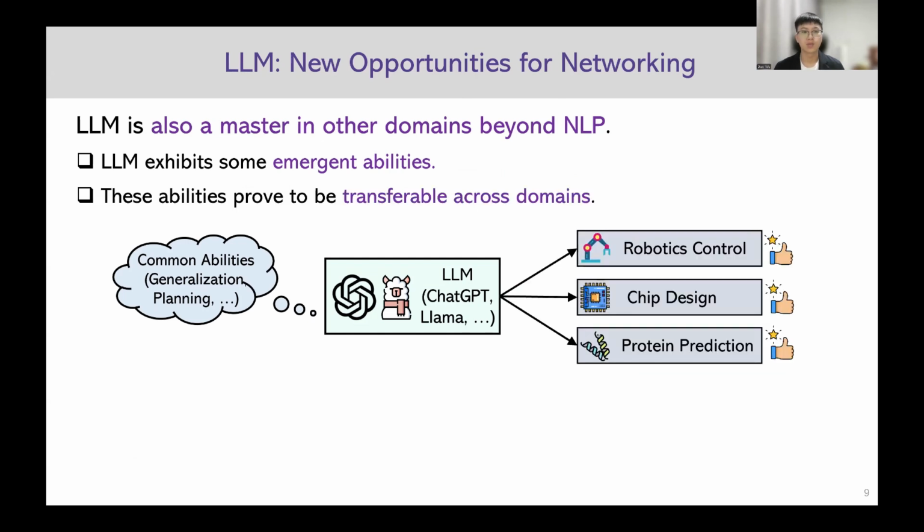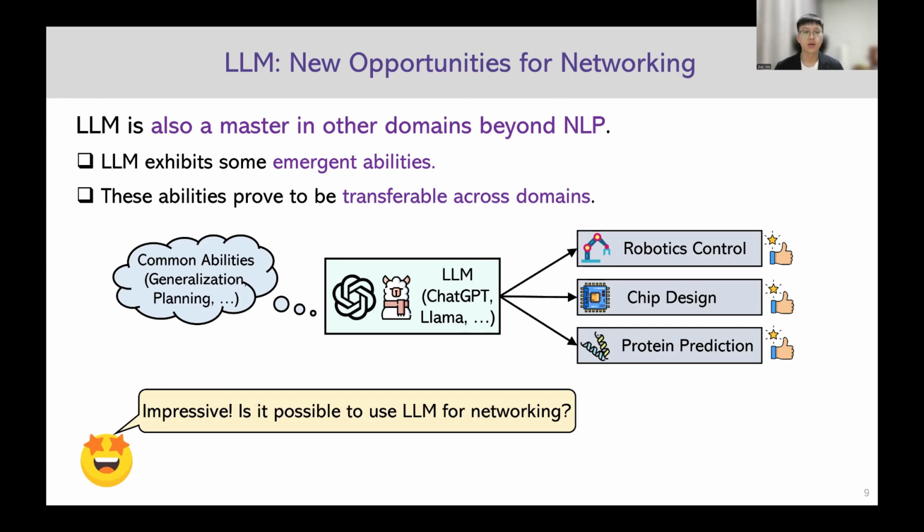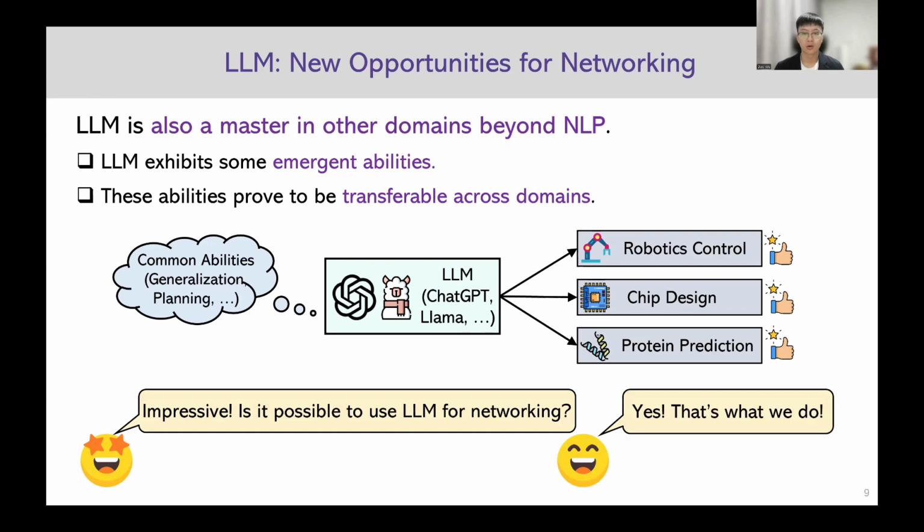And these abilities prove to be transferable across domains, as this allows the LLM to be applied in other domains such as robotic control, chip design, and protein structure prediction. That's impressive, but is it possible to use LLM for networking? Of course we can, and that's what we do in this paper.